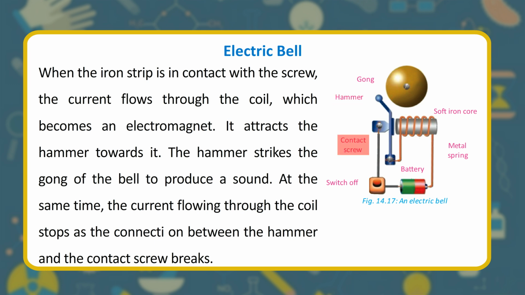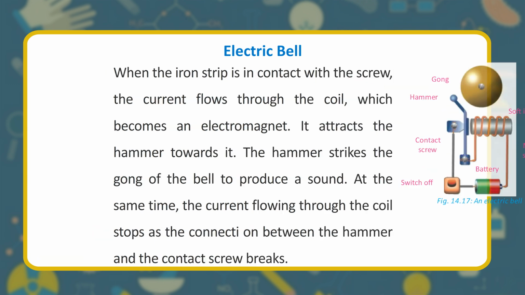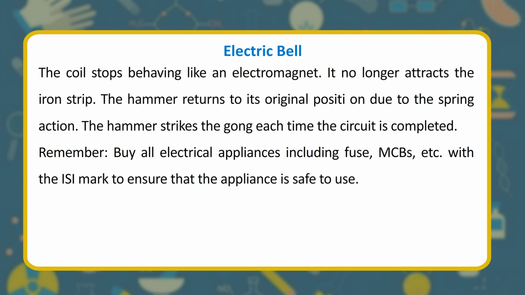Gong, hammer, contact screw, switch, battery, metal spring, soft iron core. The coil stops behaving like an electromagnet. It no longer attracts the iron strip. The hammer returns to its original position due to the spring action. The hammer strikes the gong each time the circuit is completed.